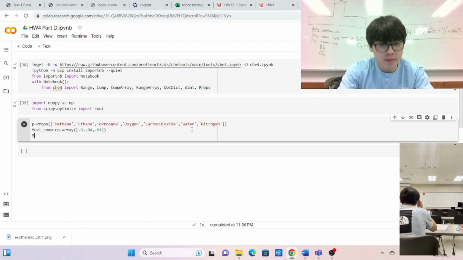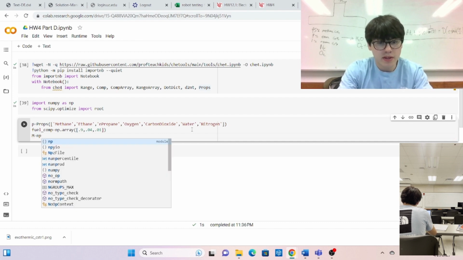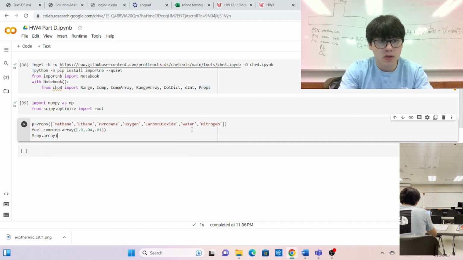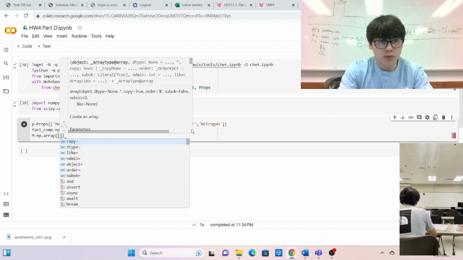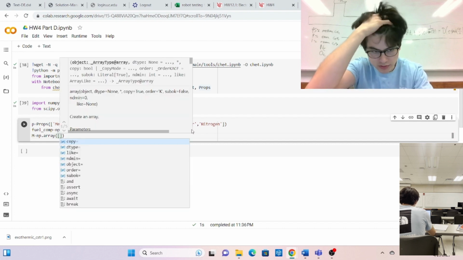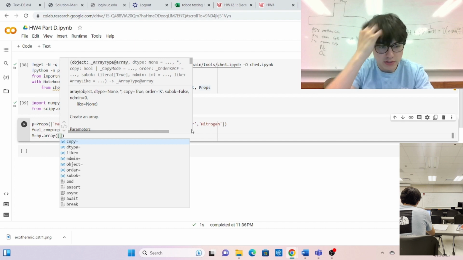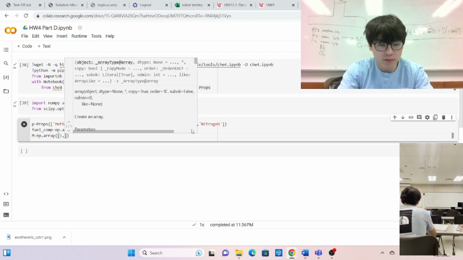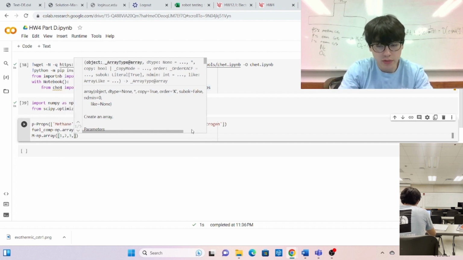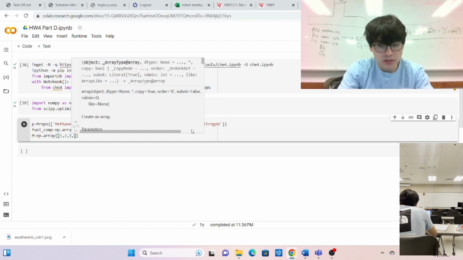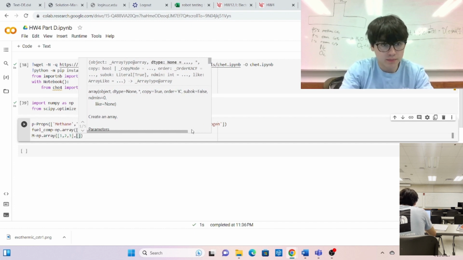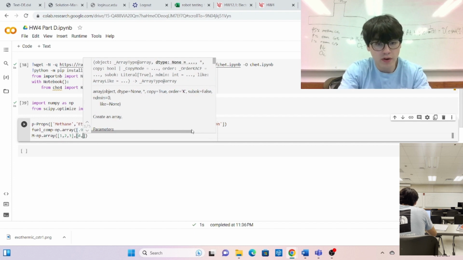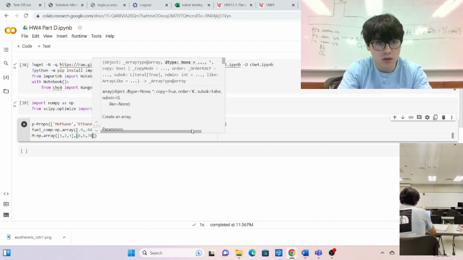So we'll say the matrix will be equal to np.array. The first one is we're going to use the number of carbons in each of the reactants. So in methane we just have 1, and the second we have 2, and the third we have 3. And then the next array will have the hydrogen, so we'll have 4, 6, and 8.